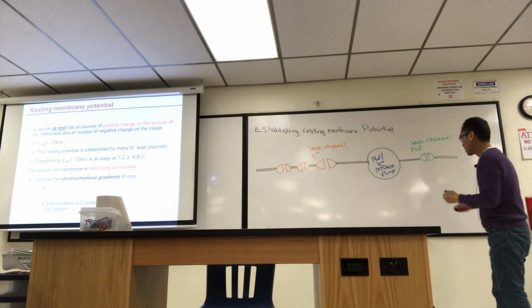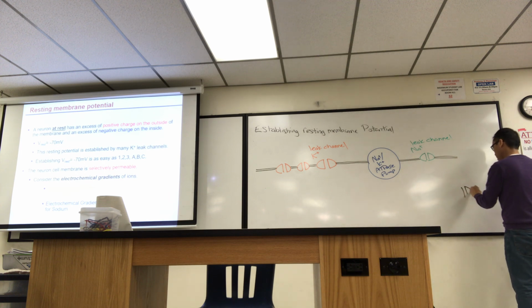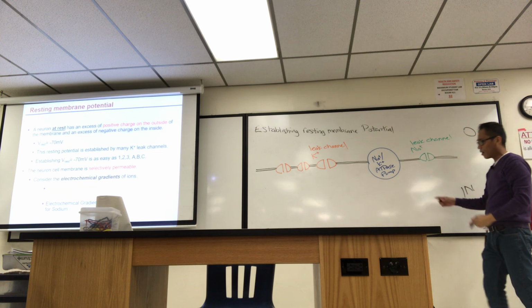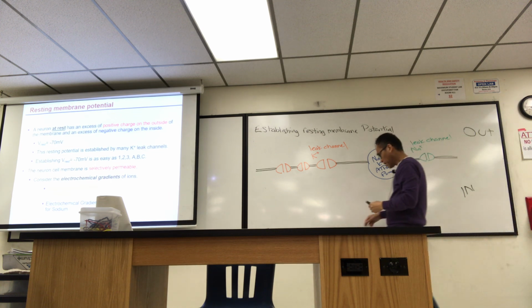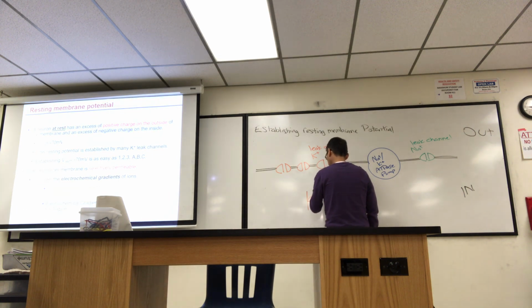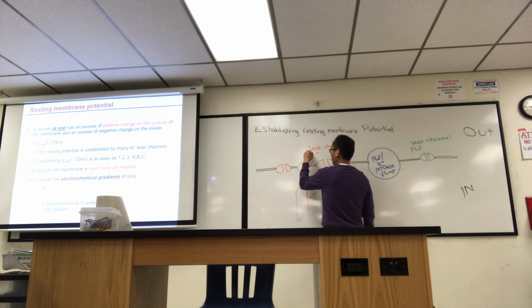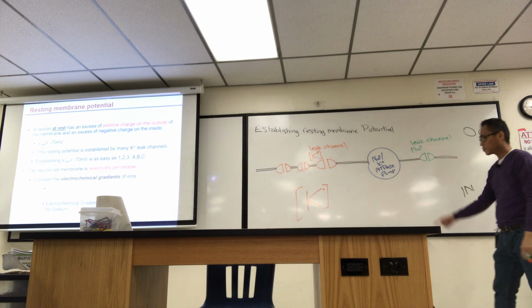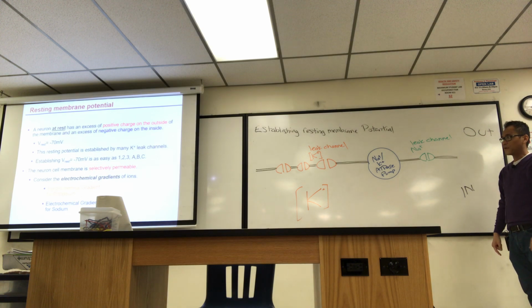And what we had said earlier is that the cells work hard to make it so that, let's say this is inside, this is outside, inside a cell, the gradient is such that there's more potassium on the inside, concentration-wise, than there is on the outside. So I'll draw my chemistry concentration brackets. There's more potassium on the inside. So the gradient is such that potassium tends to leak out.